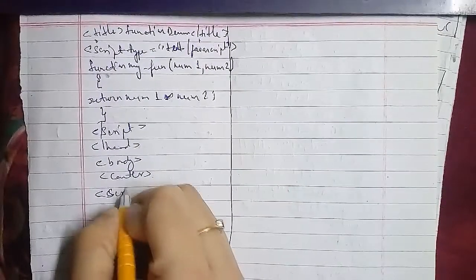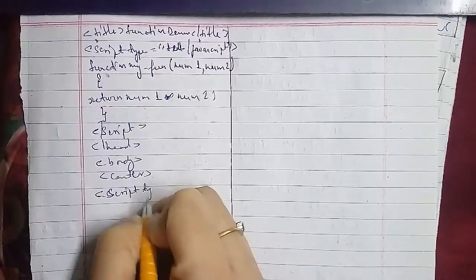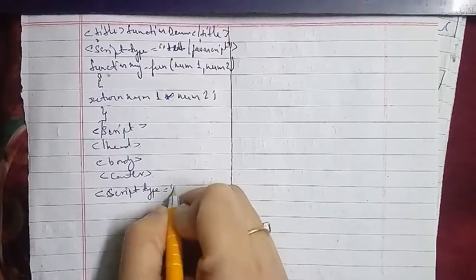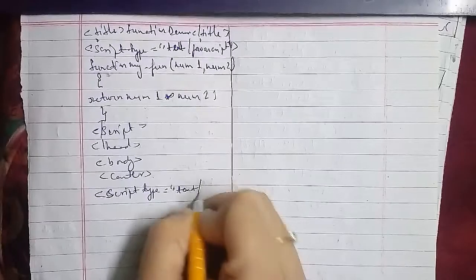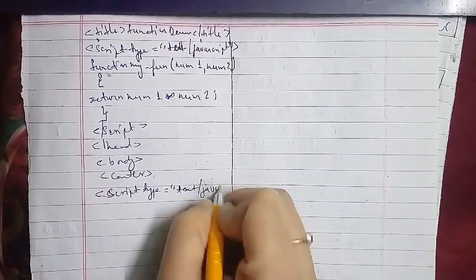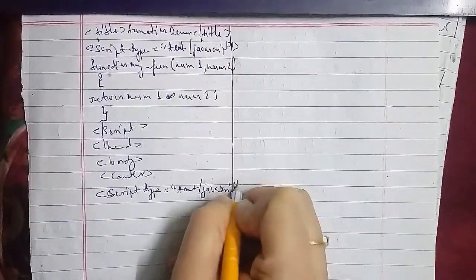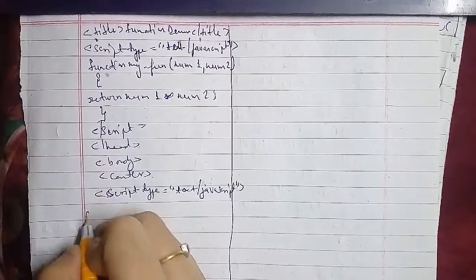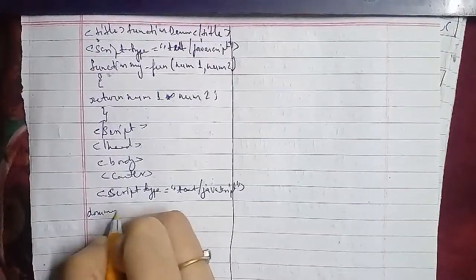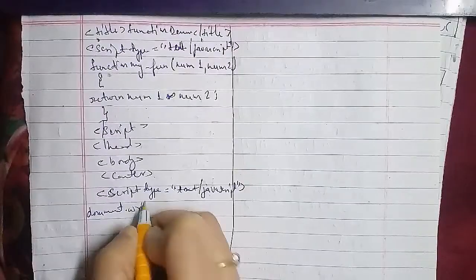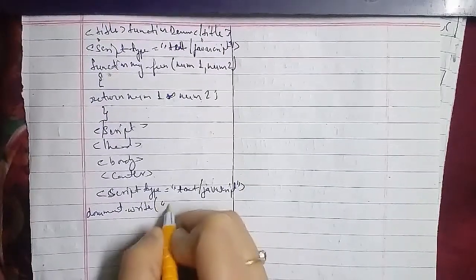Then after that for this particular thing we'll go ahead with document.write, h3 tag plus myfun(10, 20) we are taking that.